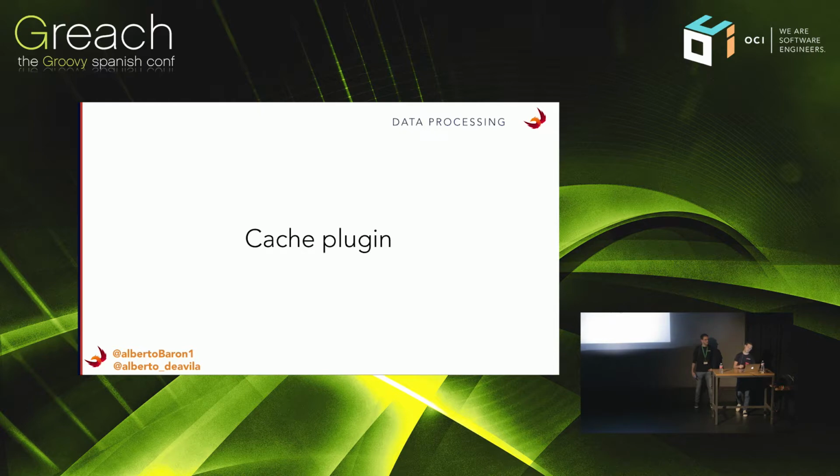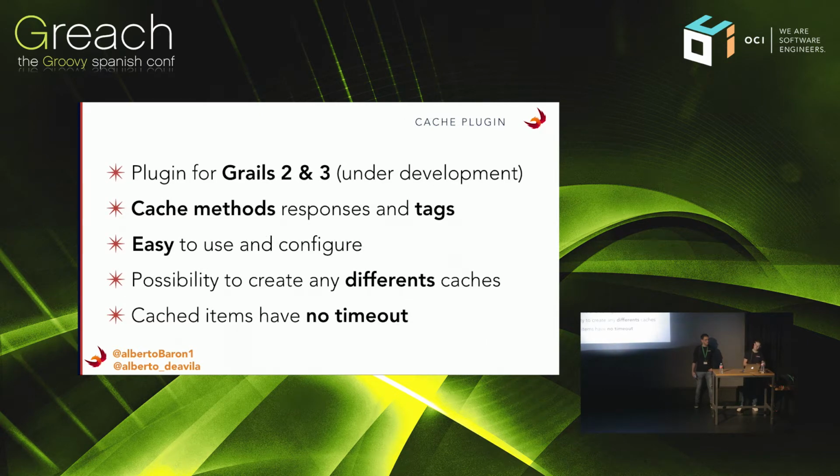About the cache plugin. The cache plugin is a Grails 2 and Grails 3 plugin, but the Grails 3 plugin is under development. What can the cache plugin do? The cache plugin can cache method responses and tags.